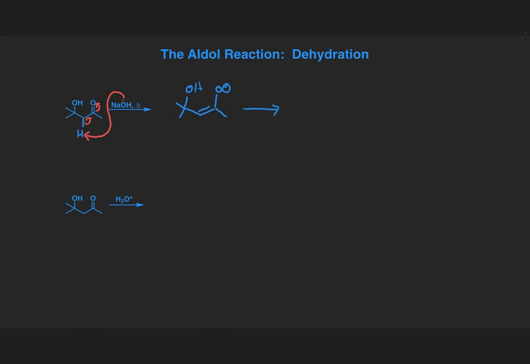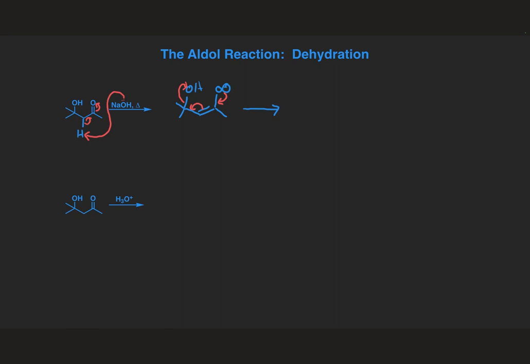And then that enolate can undergo an elimination where these electrons kick down, these electrons kick over, and kick this OH off.